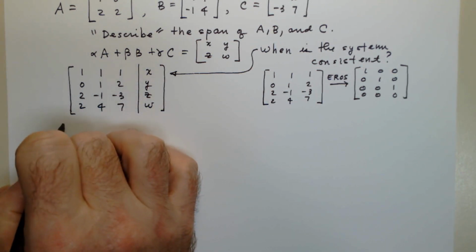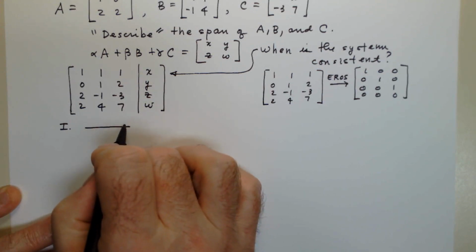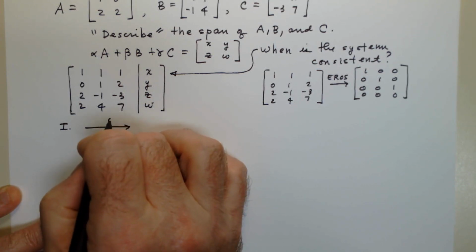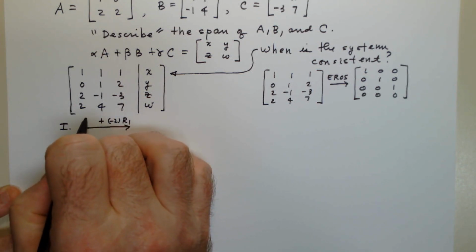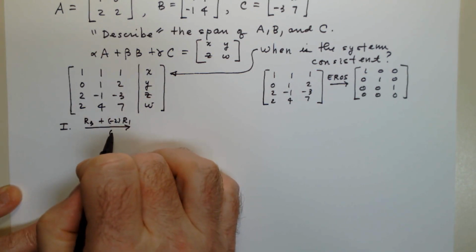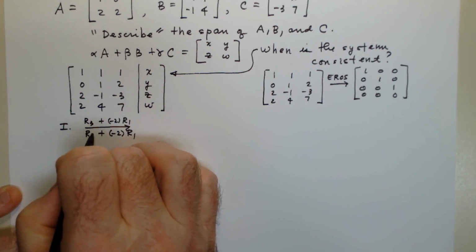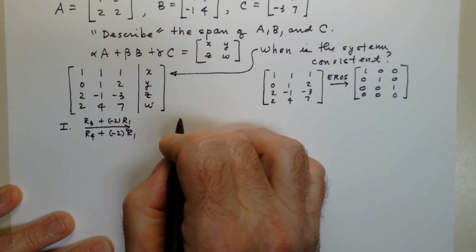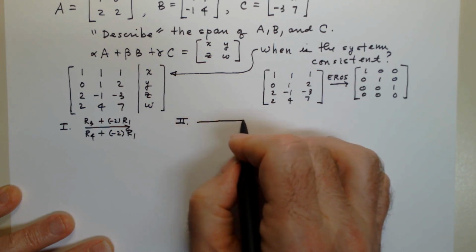So in step 1, I did this sequence of steps. I used row 1, so I did -2 times row 1, and I added that on to row 3. I did -2 times row 1, and I added that on to row 4. In step Roman numeral 2, I was using row 2.